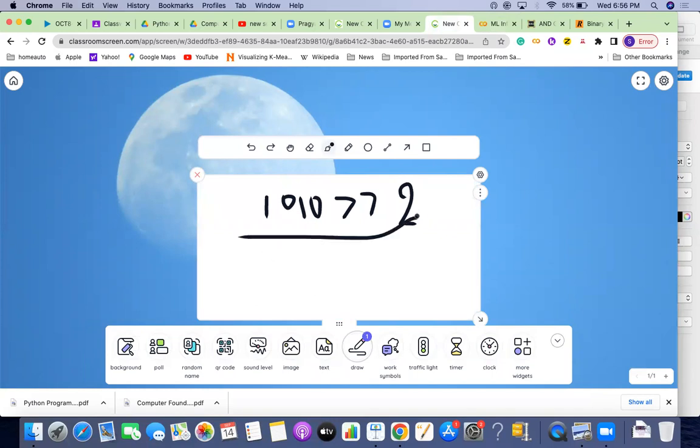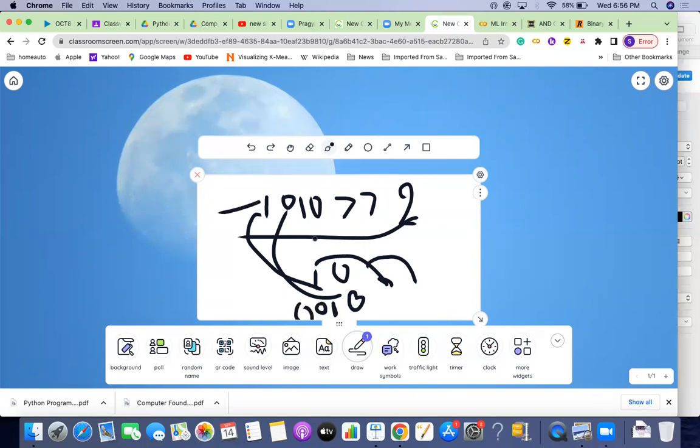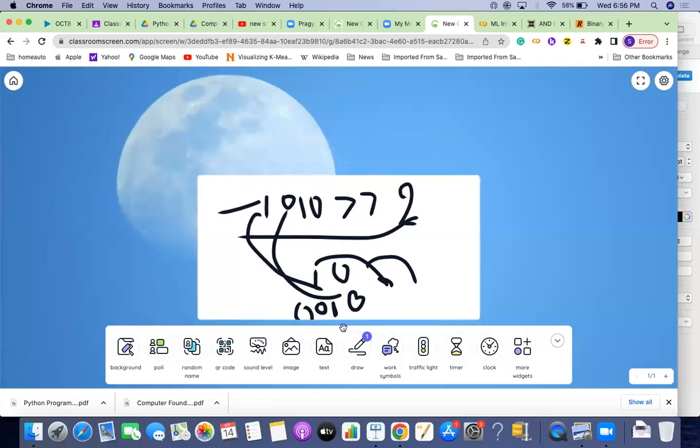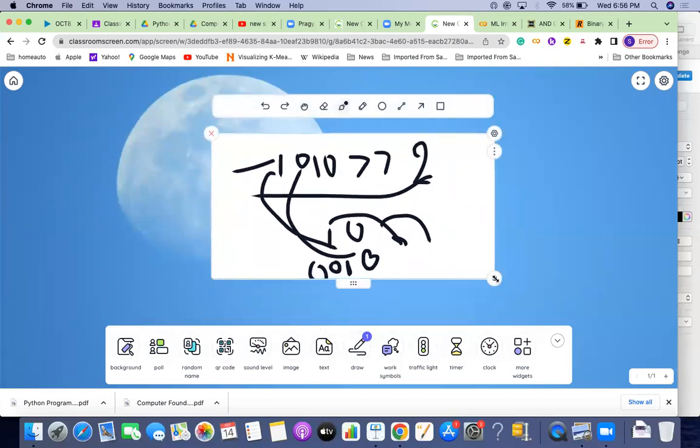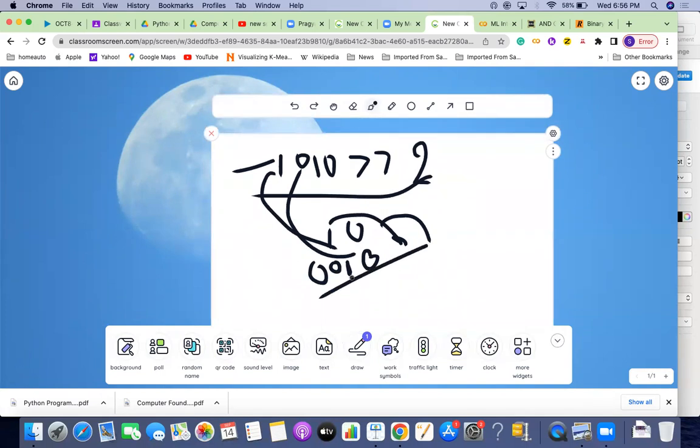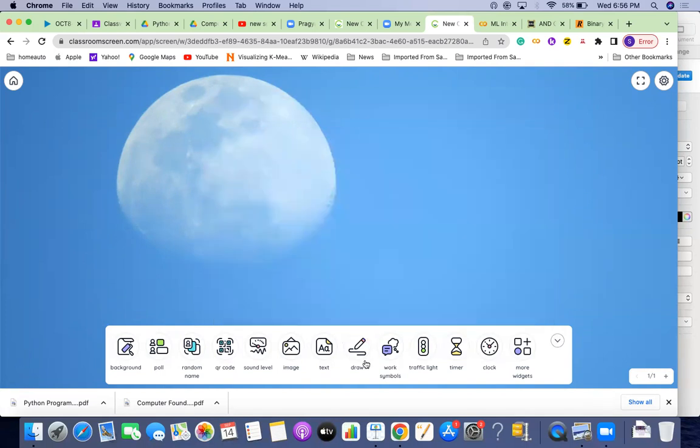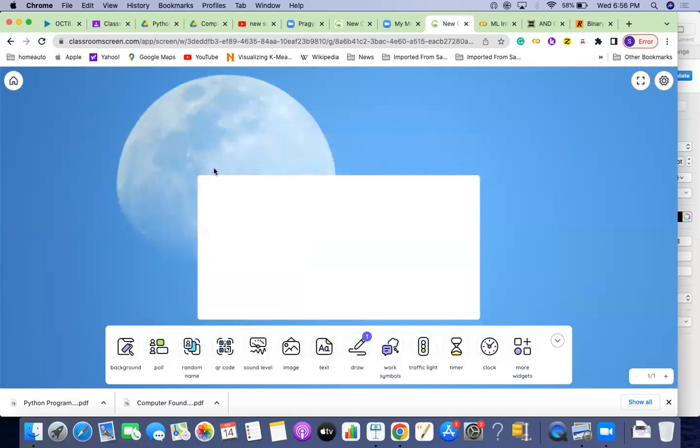This 0 will drop off, and this 1 will also drop off. Then this 0 will come here, and this 1 will come here. The new numbers are 00. So what is the output? This is the output, correct?